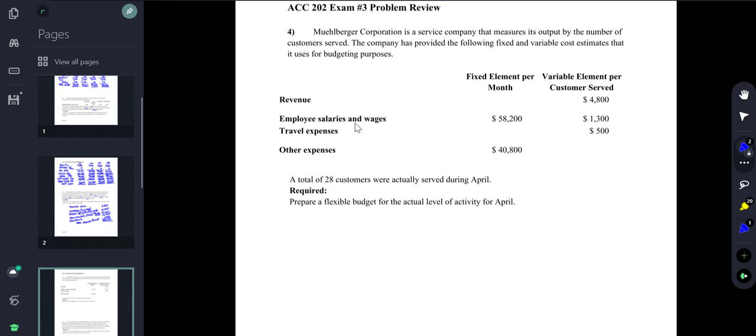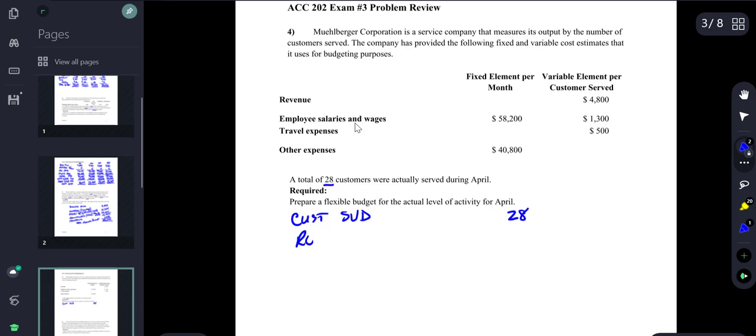So they're serving 28 customers, and we have these calculations up here. So we're going to start with basic customers served, and that's going to be 28. And we're going to calculate the revenue based on that.